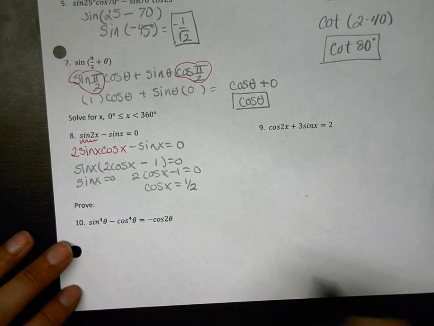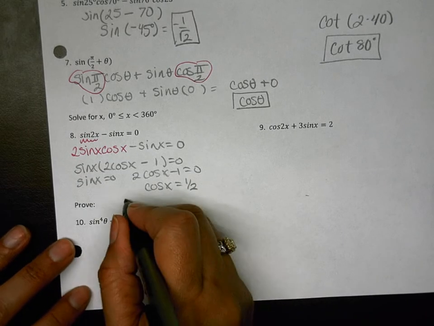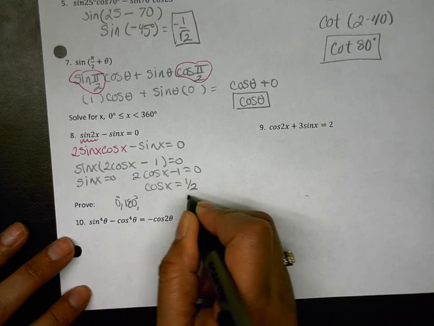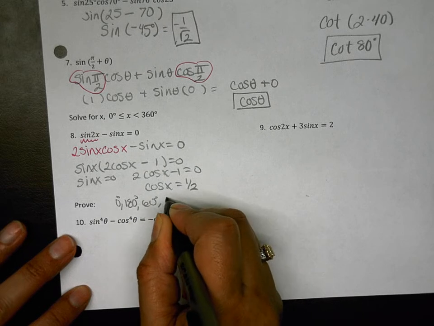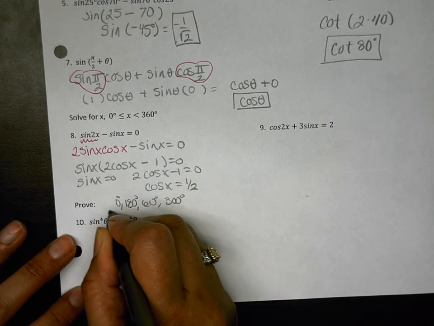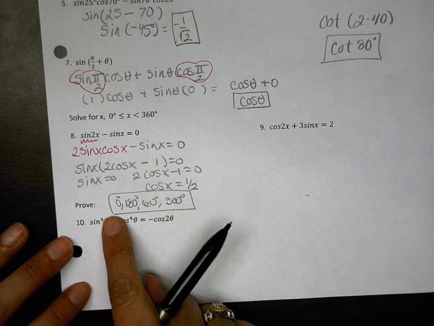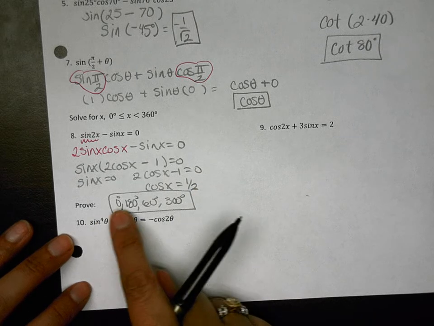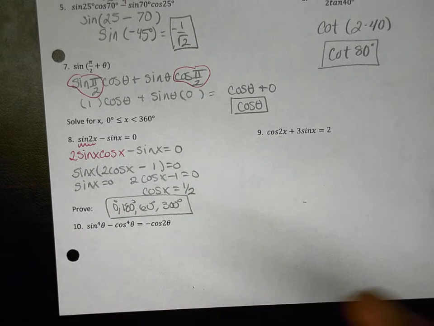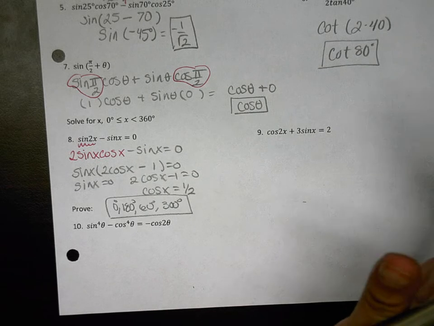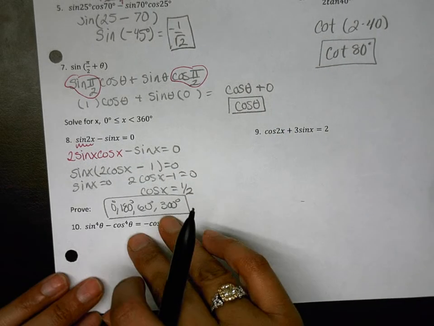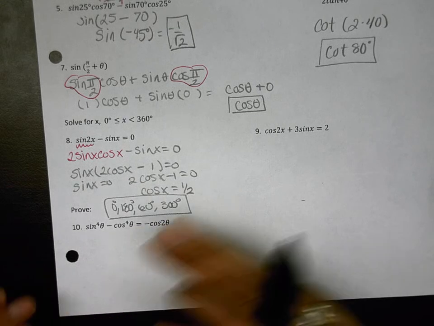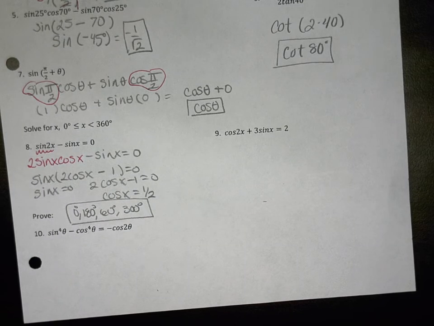For example, what did you get for these 2? 0, 180, comma, what did you get for these 2? 60 and... So they all look like one set of answers, which is how I want them, but these 2 are next to each other and these 2 are next, rather than 0, 60, 180, 300. Do you get what I'm saying? Okay, it helps me when I'm grading to have them that way. So can you guys please group them together that way when you're taking the test on Monday? Yes? Okay, thank you. All right, next one.